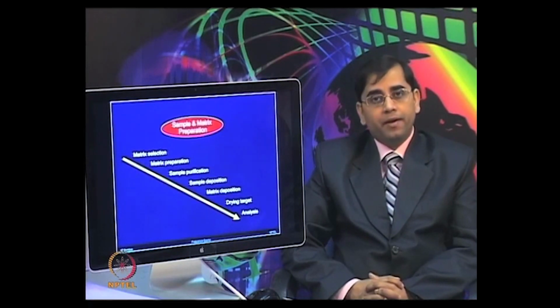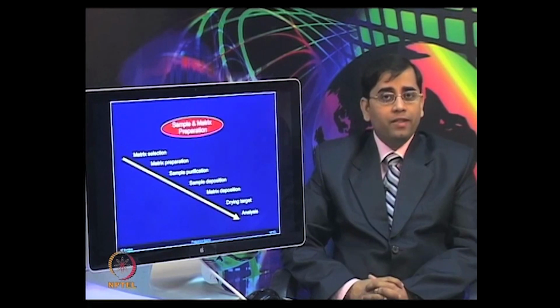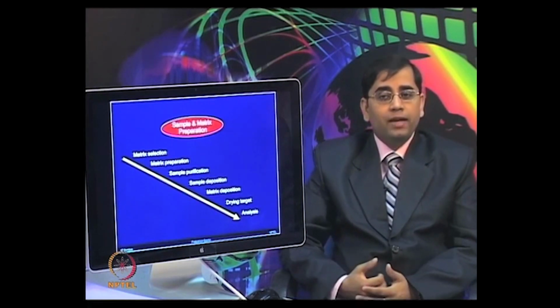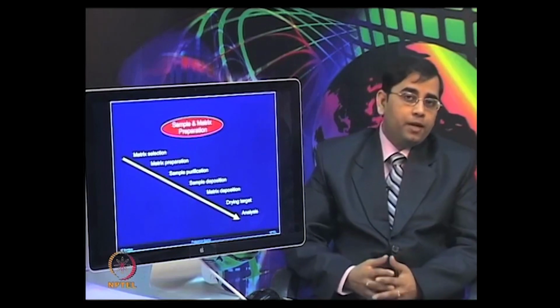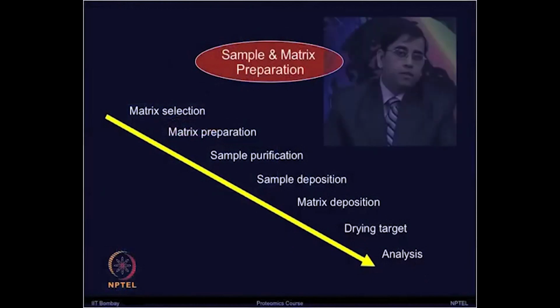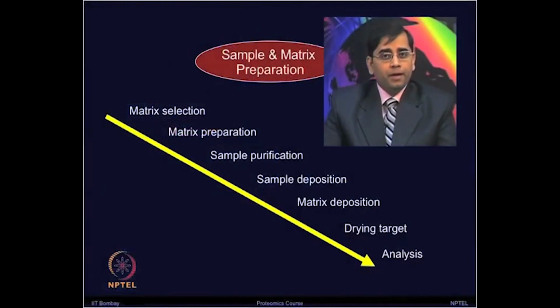Now, you have the sample ready and you have selected the matrix. So, now let me show you the various steps involved before you can actually start the MALDI experiment. You need to select the matrix, you need to prepare the matrix, and you have already done the sample purification. Now, the sample needs to be deposited on the MALDI plate.